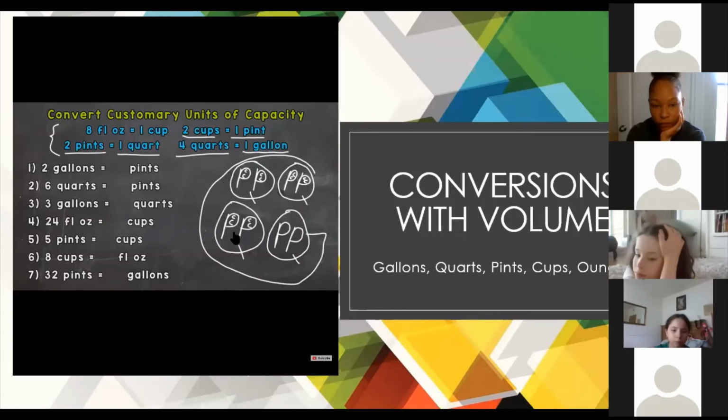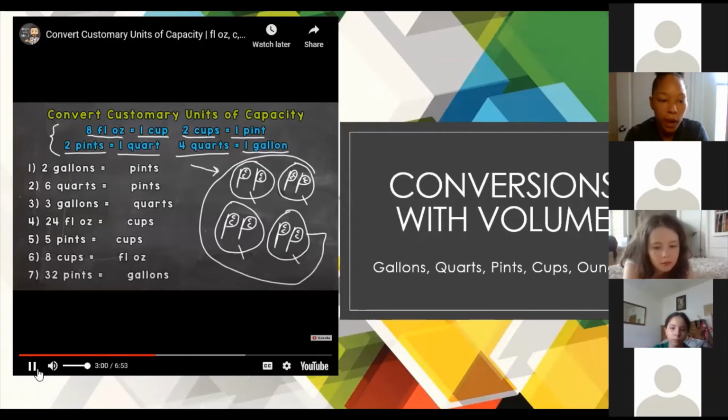We would need 16 cups to fill a gallon. Now lastly, we have 8 fluid ounces in 1 cup. Now that's just going to get too small to put 8 fluid ounces in each of those C's. So we are going to leave that one out of this here.